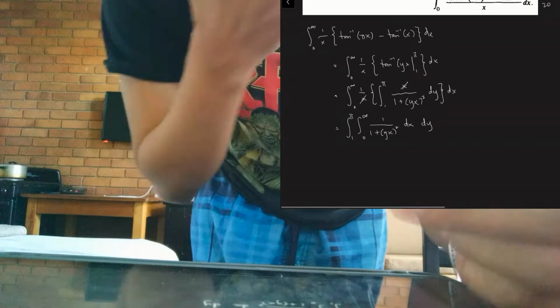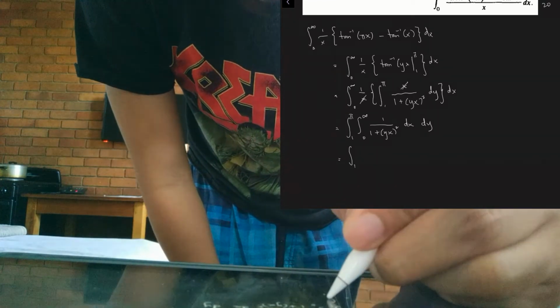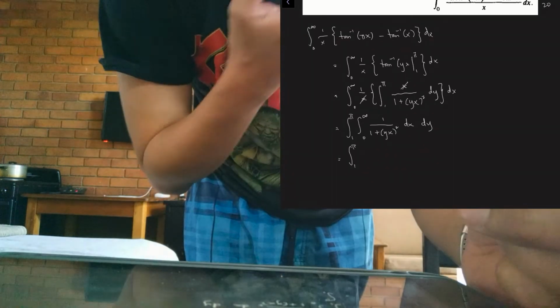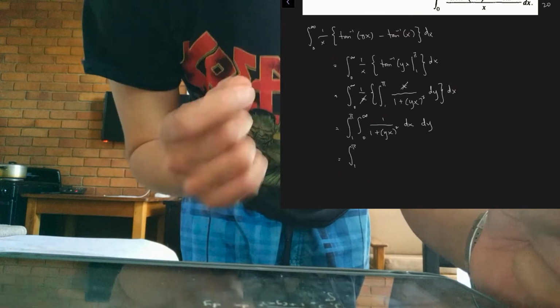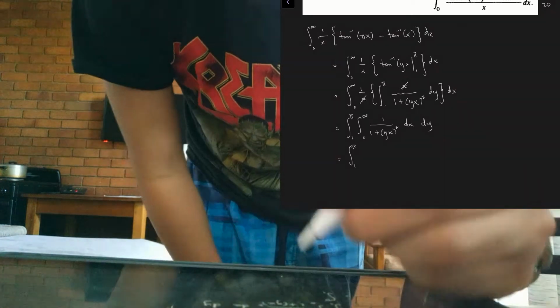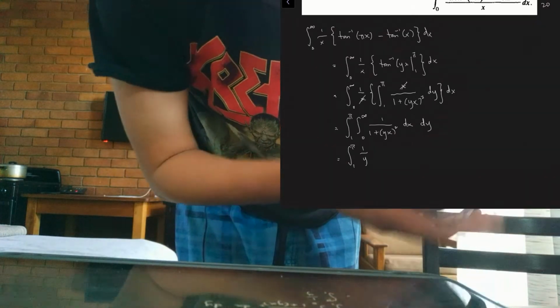Like I said, we're integrating with respect to x, so this is the integral from 0 to infinity of 1 over 1 plus (yx) squared. You can let yx equal u, and doing so you have to introduce a 1 over y coefficient.